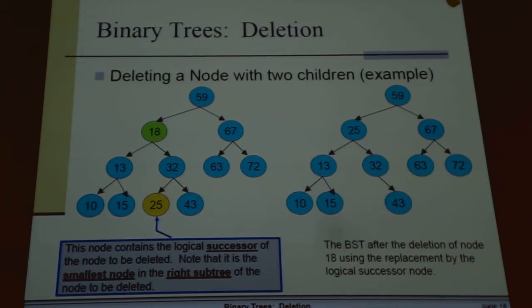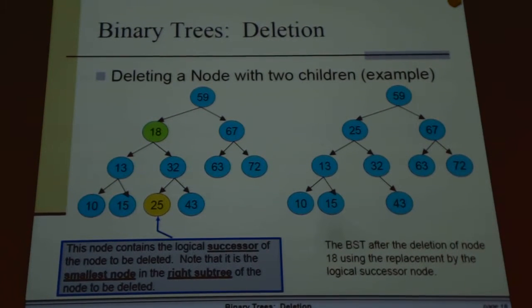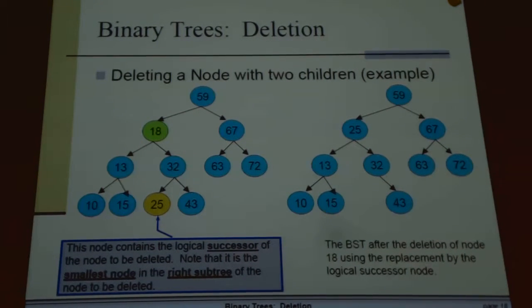But yeah, your idea would work as long as you maintain that order. The thing that we don't want to do is change that 13 as the left, with 10 and 15 as 13's children. We don't want to change that 67 as the right, and that 62 and 72 are his children. Does that make sense? Yeah.